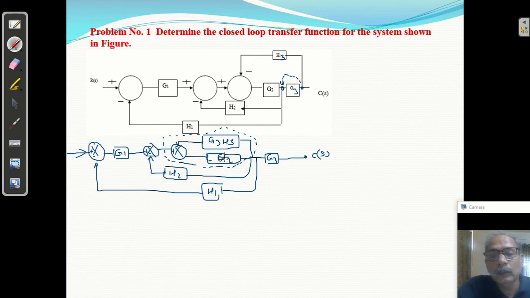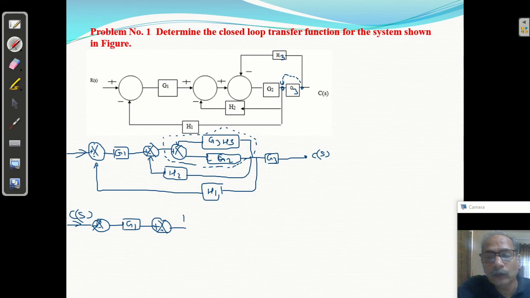Convert this into a new diagram, so you will get plus, minus, G1, C of S. Then plus, minus, and this is forming a closed loop.